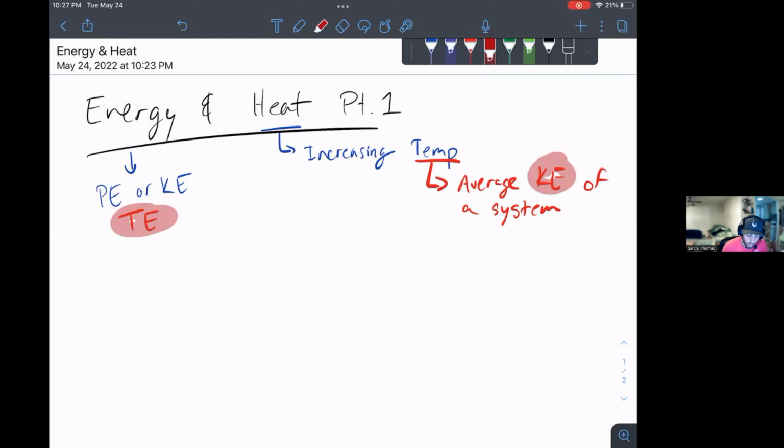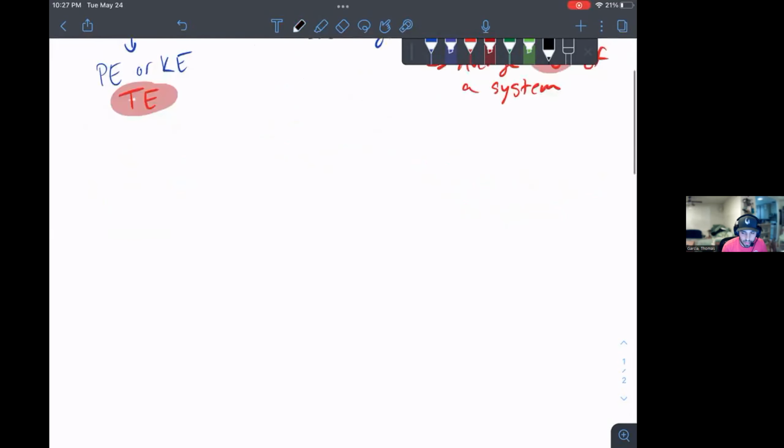So with that out of the way, we need to move back a little bit to what we remember about solids, liquids, and gases. And actually, spread these out a little bit.